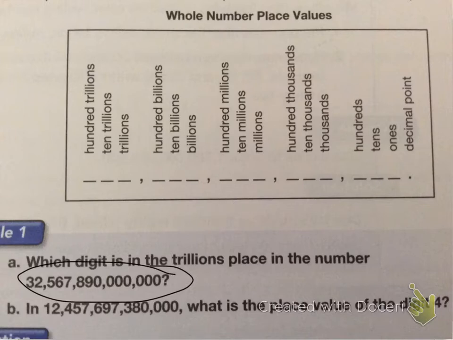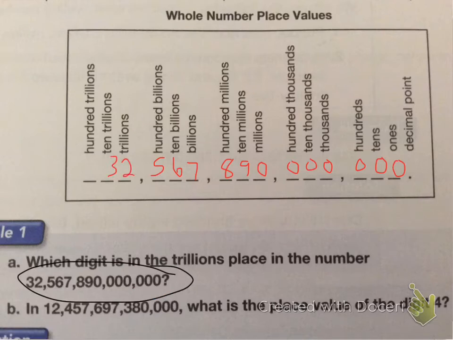Let's put the numbers in, starting from the right, because this is the ones place. So that's going to go in first. Okay, so I have 0, 0, 0, 0, 0, 0, 0, 9, 8, 7, 6, 5, and then 2, 3.